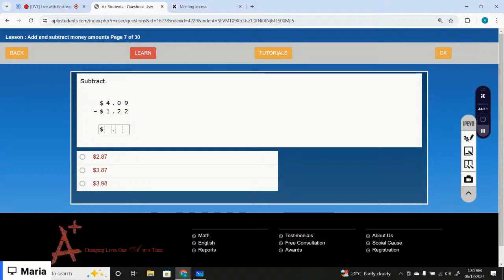So, which is the correct option? That is 2.87. Okay, you can complete the lesson by yourself later today. Let me just move on to next lesson.